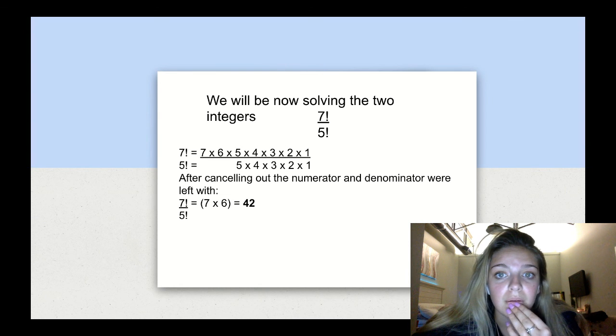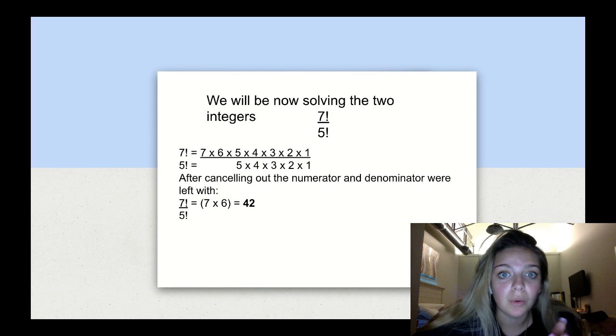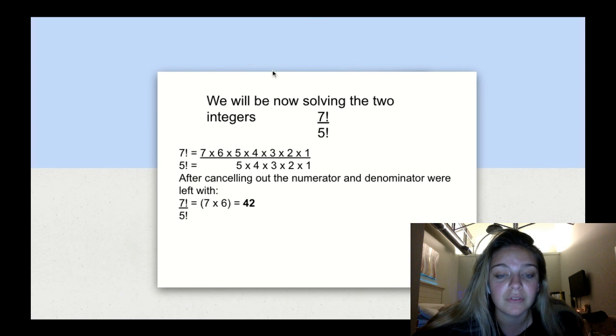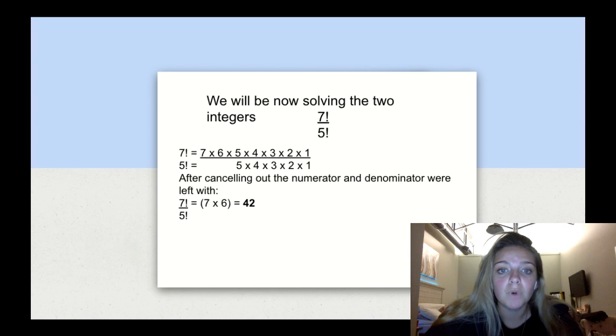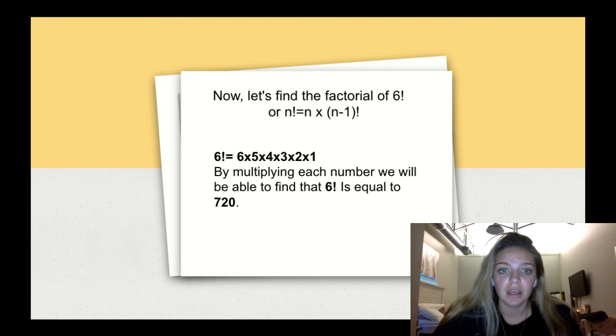Factorials tend to grow. They are so fast paced, and they are growing numbers because you are multiplying multiple numbers by each other. Let's go back to these slides.